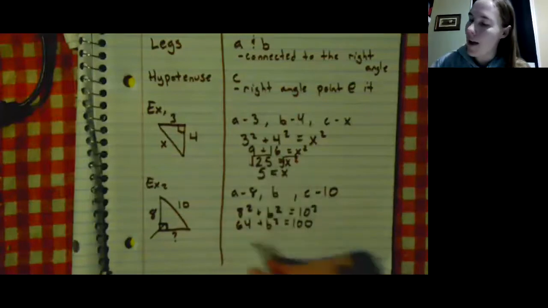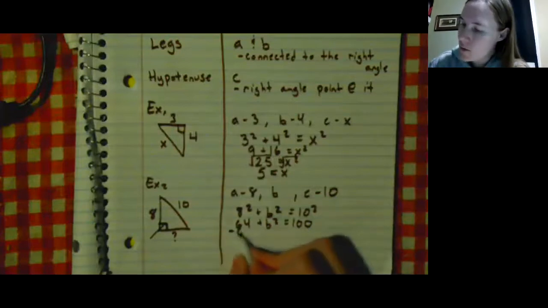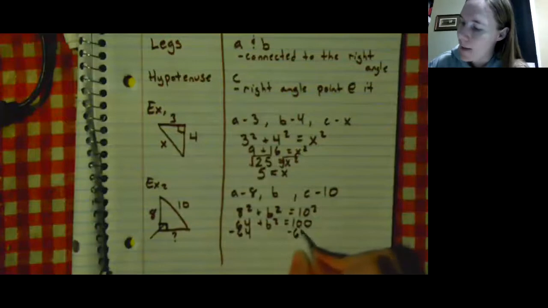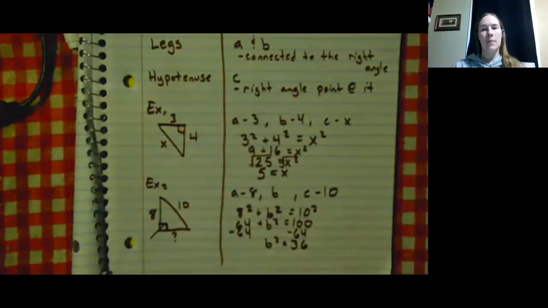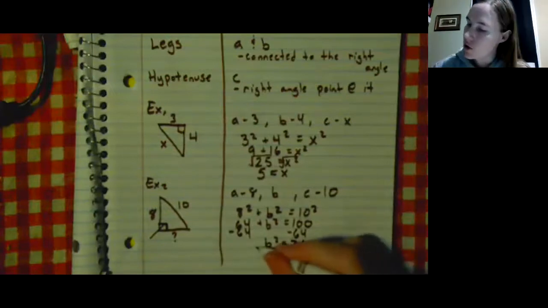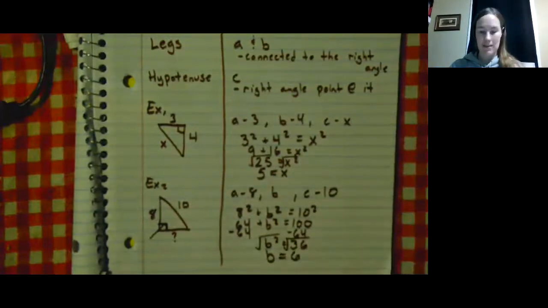This one isn't, so we have to move that 64 to the other side. So I'm going to subtract each side by 64. So I have b squared equals 36. Again, to get rid of the squared, you take the square root. So here I get b equals 6.